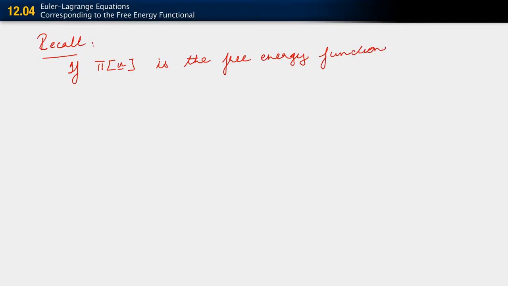And we got as far also as saying that if pi is a functional of the displacement field, and if this is the free energy functional, right?